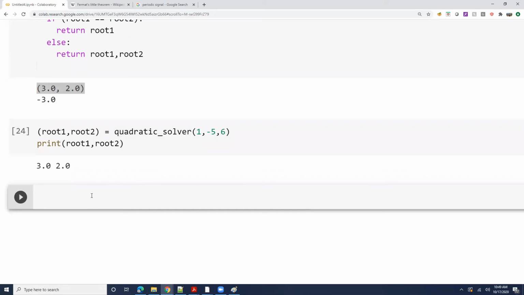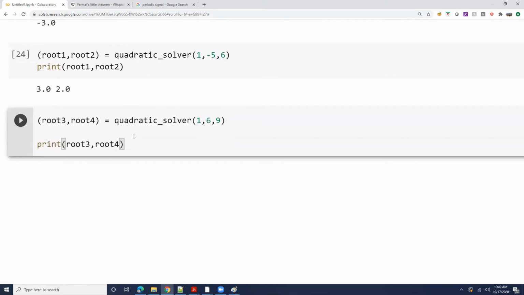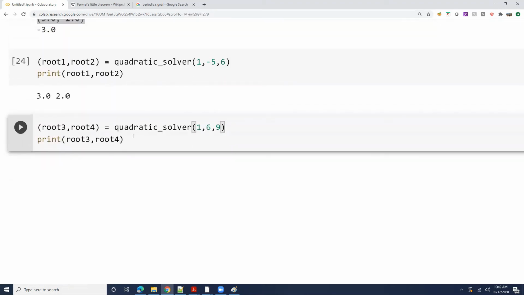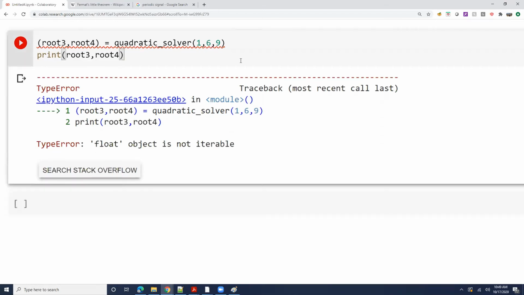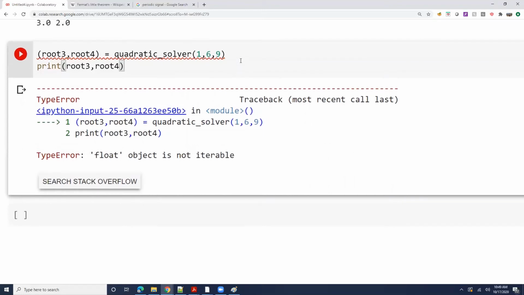But for the second equation, x square plus 6x plus 9, the roots are just -3. Right, so it's complaining now and it says float object is not iterable. Why is it saying that float object is not iterable? Any thoughts? I know some of you guys already know some of this.